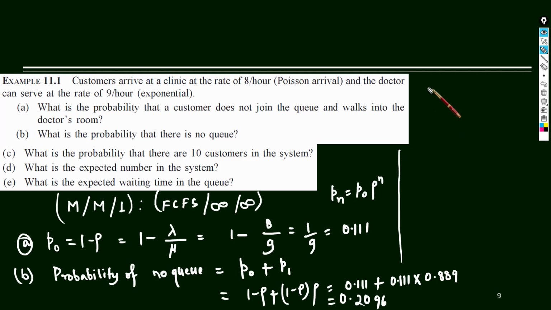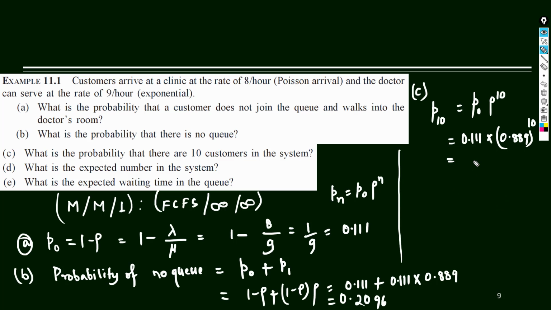Now see the third question. What is the probability that there are 10 customers in the system? That means he is asking about P10. So P10 is very easy. P naught into rho to the power 10. P naught is 0.111 into rho. Rho value is 8 by 9, or you can say 0.889 to the power 10.